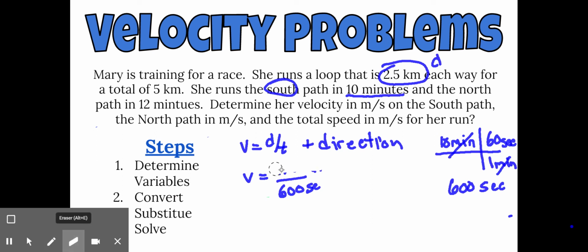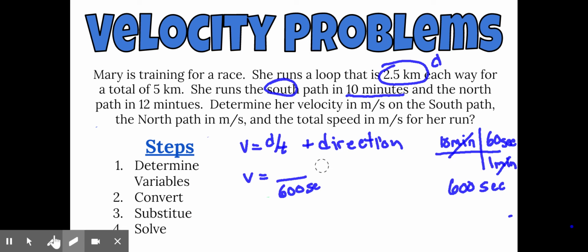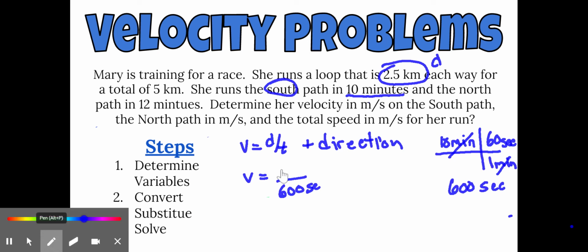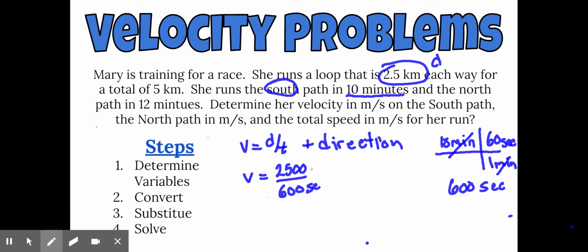So let's back that up. We know that there's 1,000 meters in every kilometer. So I'm going to multiply 2.5 times 1,000 to get 2,500 meters plus my direction south. Then I can just plug that into a calculator and get my answer.